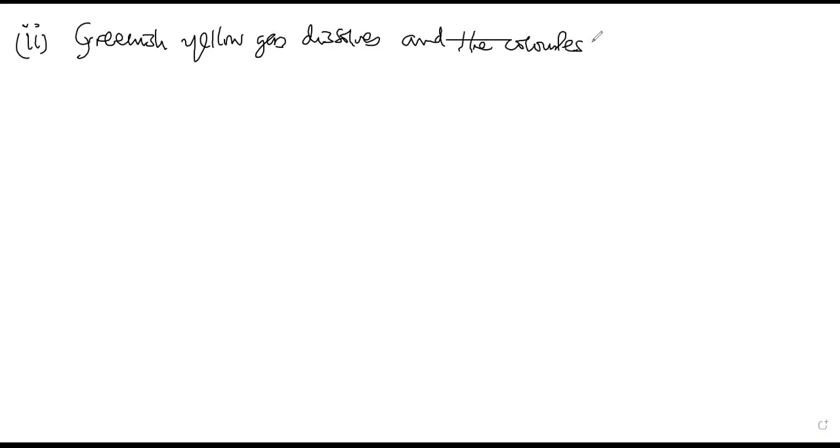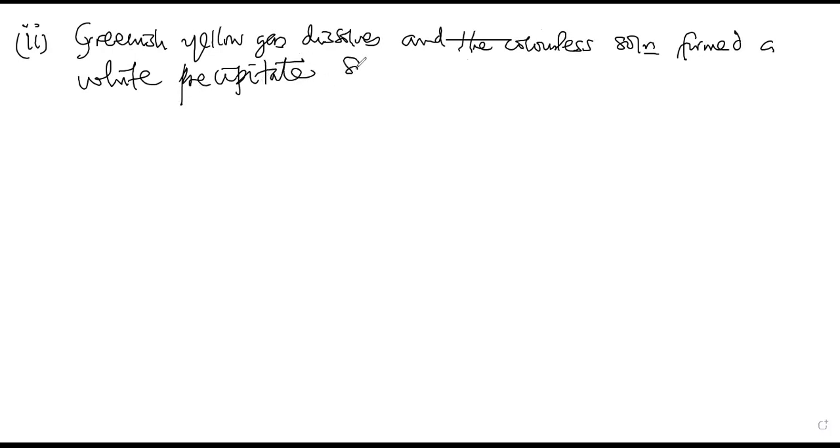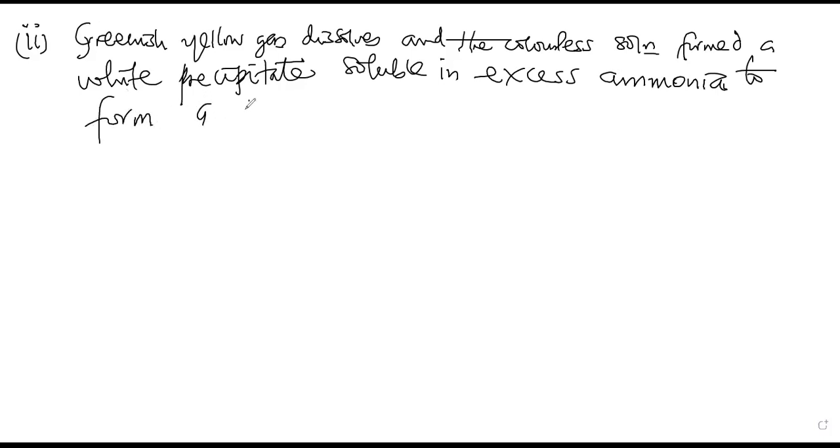So the observations for part 2 would be: greenish yellow gas dissolves, and the colorless solution formed a white precipitate which is soluble in excess ammonia to form a colorless solution.